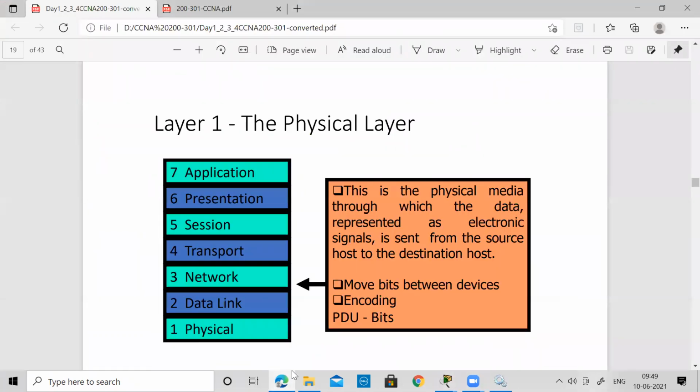If I'm the end user and I want to get into the Amazon web page, for example, from the network perspective, how will my input from my computer hit that Amazon web page?